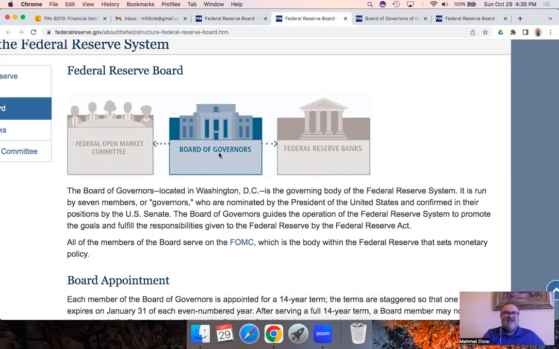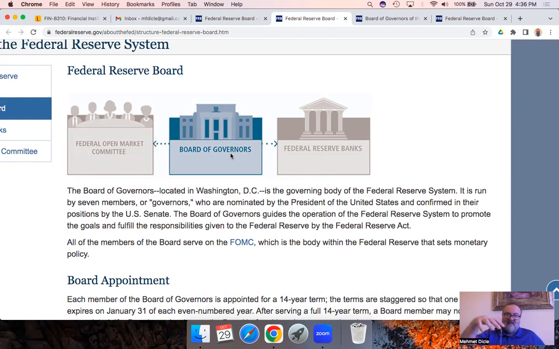The Board of Governors for the Federal Reserve System is almost like a board of directors for the entire system. If you compare that to a corporate structure, I would say the Federal Reserve System looks more like a holding company that has 12 separate entities within its domain. Each one has its own management, executive system, and director system.